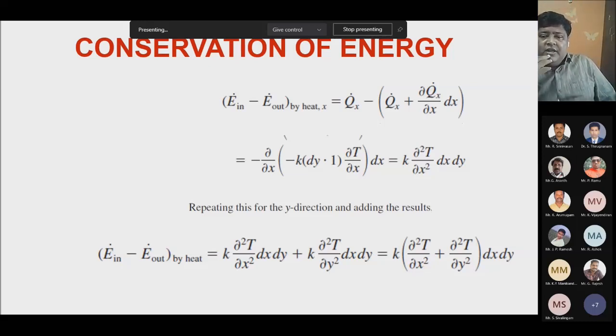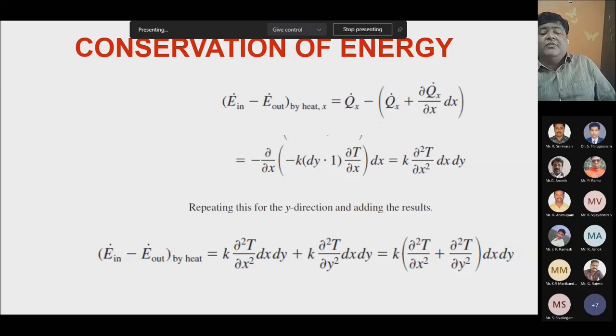So if you use the above equation, Qx and minus Qx will cancel. You'll have minus of dou by dou x of Qx, and you replace Qx by the Fourier law. You'll get again one more minus, k A into dou T by dou x, where A is dy into 1, the area perpendicular to the x direction, into dx.